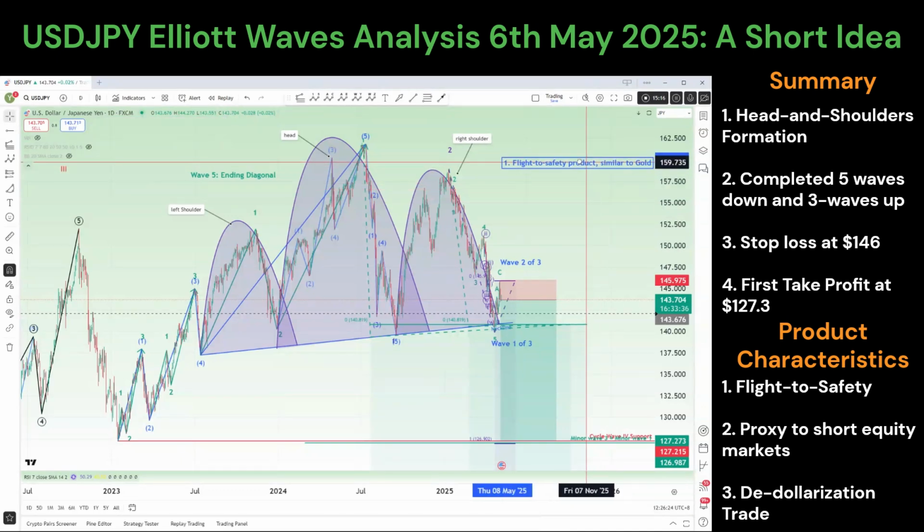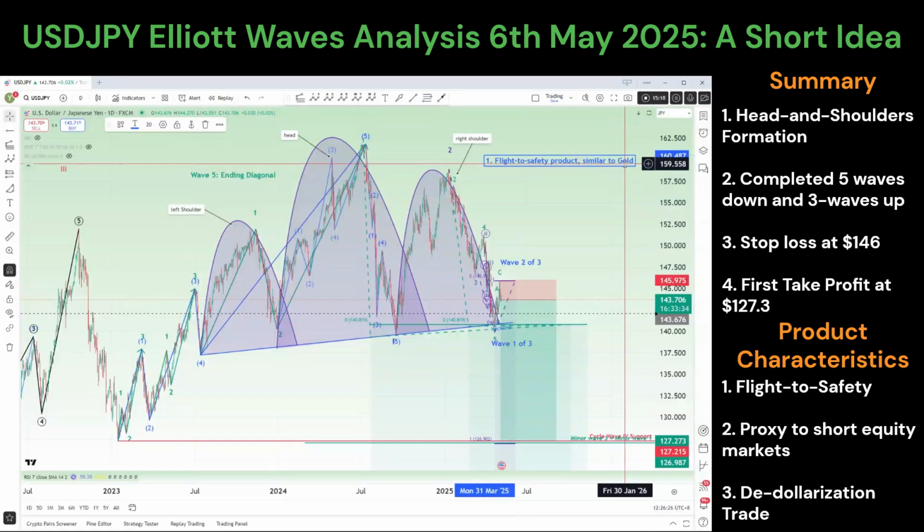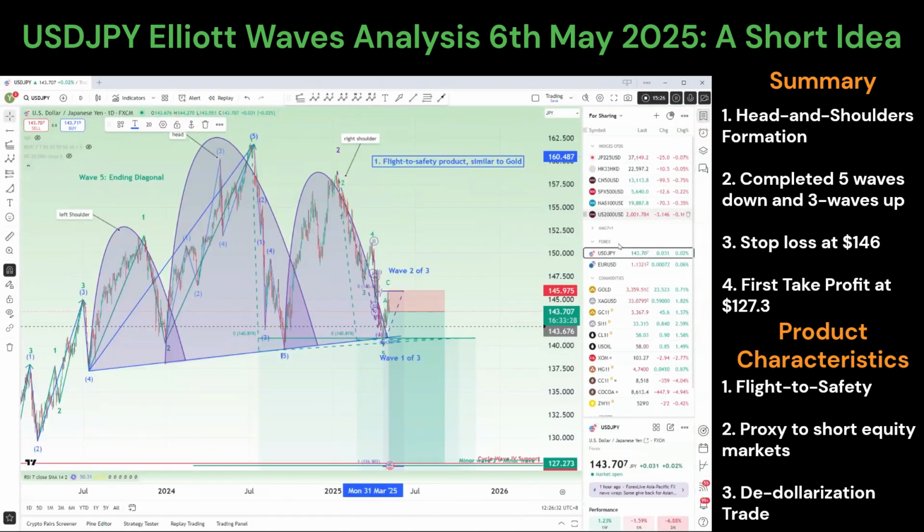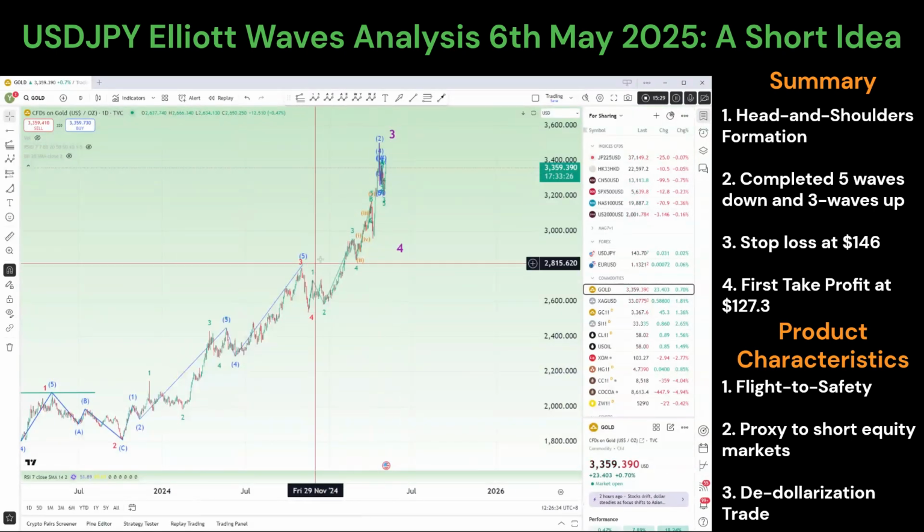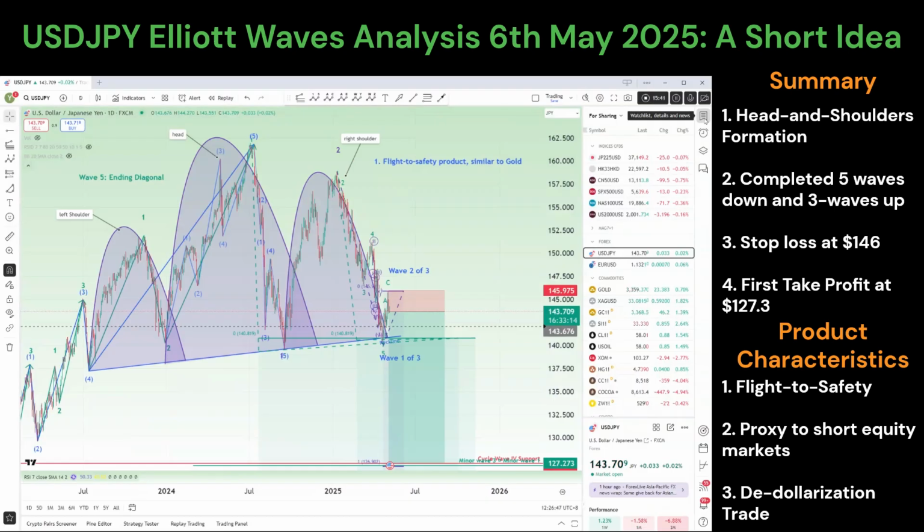So if you want to long gold, right? But then gold has already moved, right? So let's say if I pull gold out, you see that gold has already moved so fiercely, right? And you want to find a product that is maybe safer to short in or similar to long in gold, right? Then you go into dollar yen.